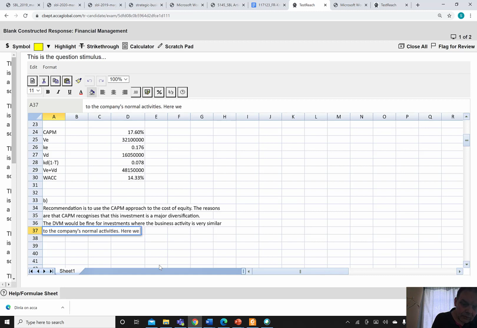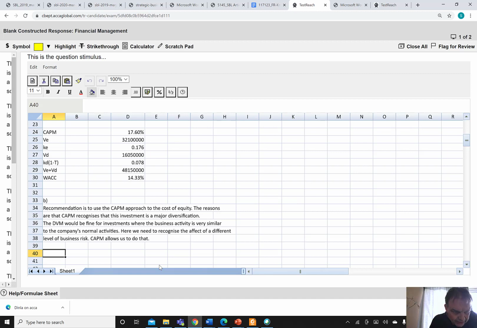Here, we need to recognize the effect of a different level of business risk. Kaplan allows us to do that. Okay, fine. You can see that there are marks to be earned from narrative parts of your answer, and in some respects you earn them more quickly than you do with some of the more heavy-duty calculations and so on.